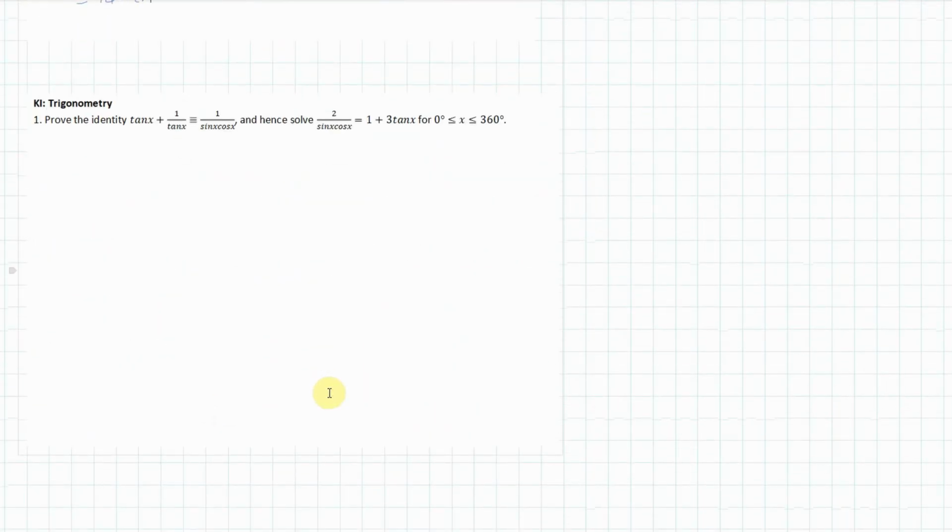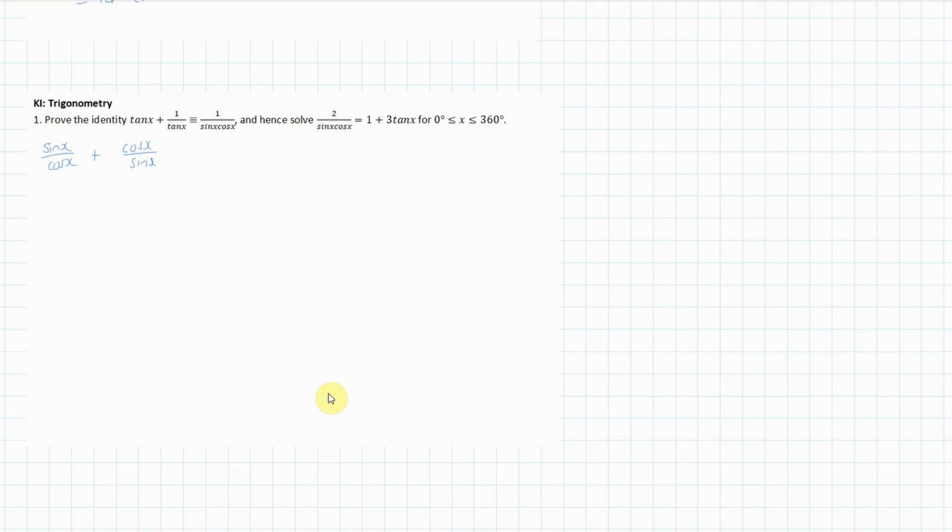Now, the next one we're trying to prove this identity here. I'm going to rewrite the tan as sine x over cos x plus, now this one I'm going to rewrite as cos x over sine x, because that's what 1 over tan x is, and I've got to prove that it equals this other side here.